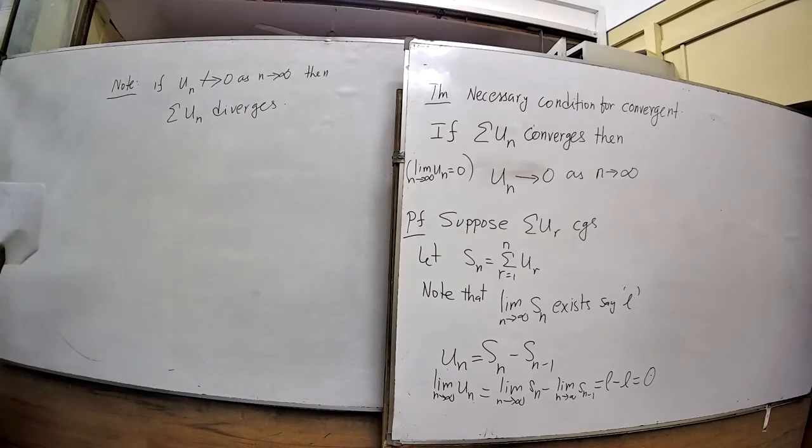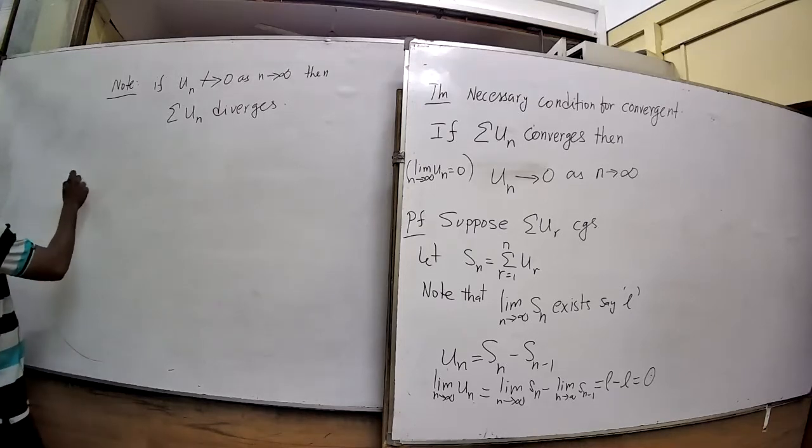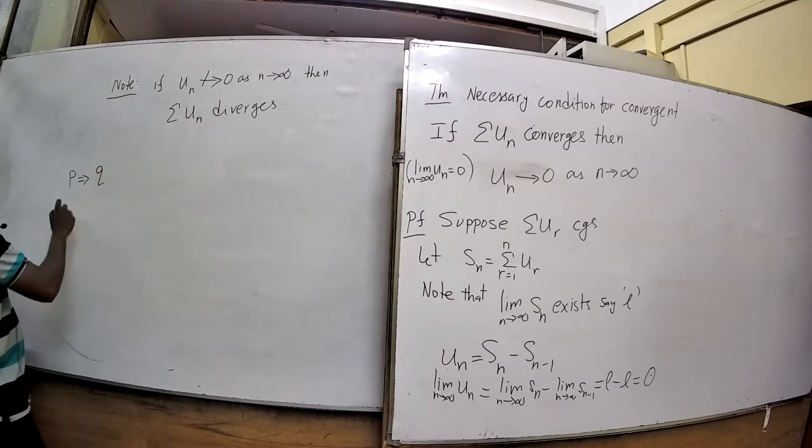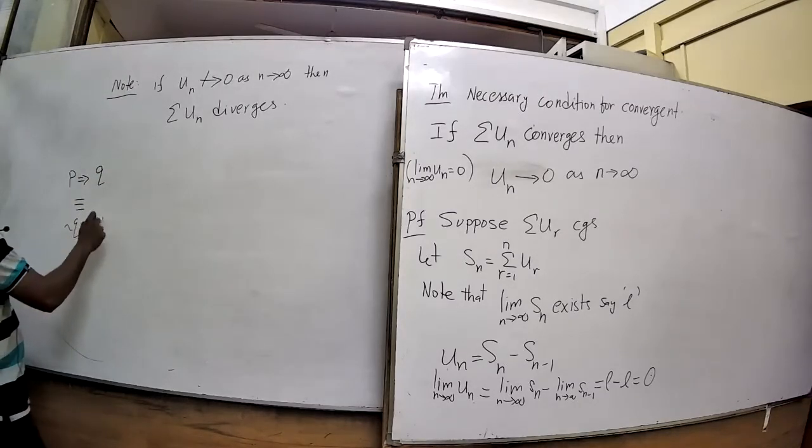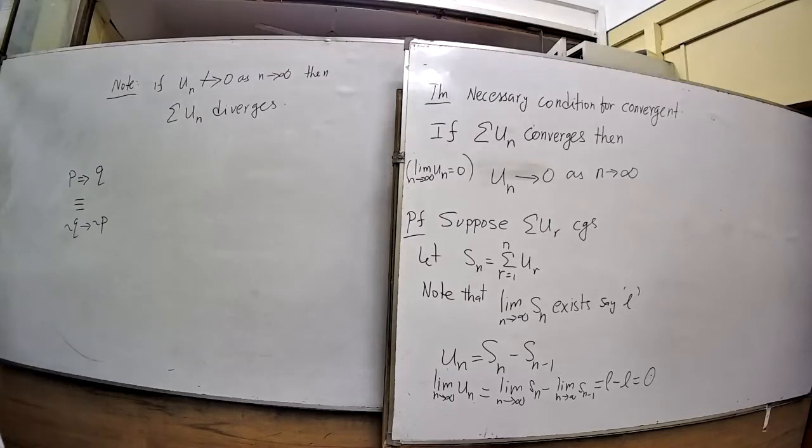if you take the negation of this statement, you must have studied in the other pure mathematics that P implies Q is equivalent to not Q implies not P. You must have studied this. So this is logically equivalent to not Q implies not P. So here, convergence of summation un implies un goes to 0.